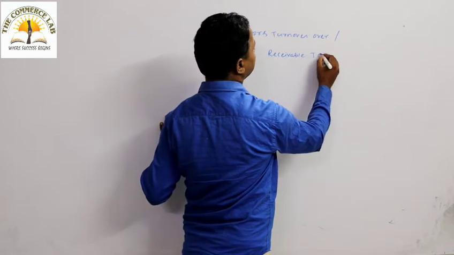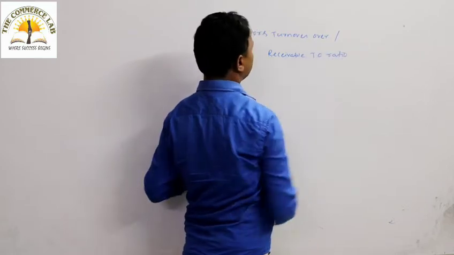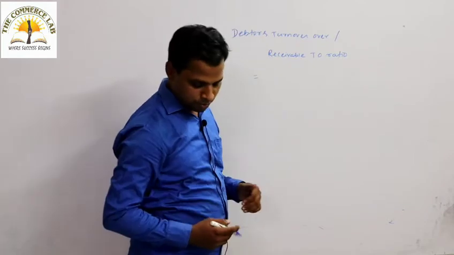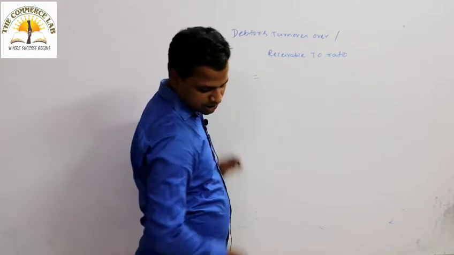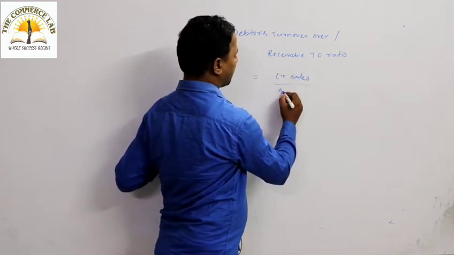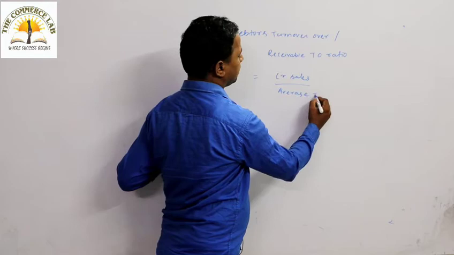What do you understand by debtors turnover ratio, receivable turnover ratio? The formula, simply we can say, is credit sales divided by average trade debtors.